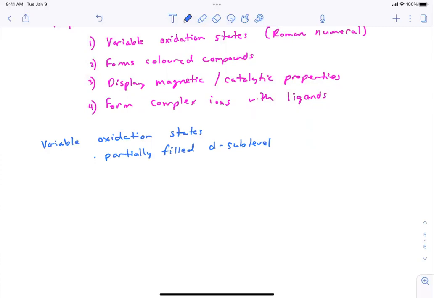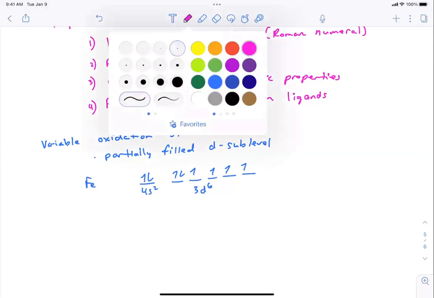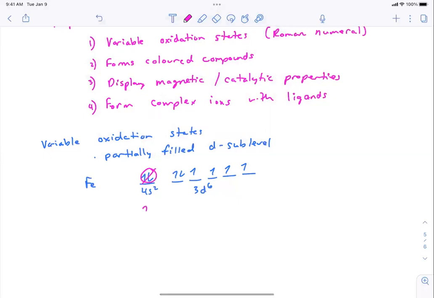For example, if you look at Fe, iron, it's 4s2 3d6. Like all transition metals, you can first lose these two and become a 2+ charge. All transition metals have a +2 oxidation state when you lose the 4s.